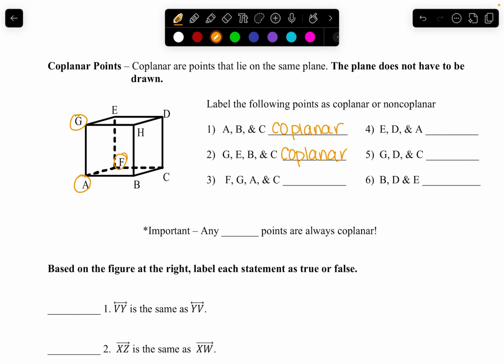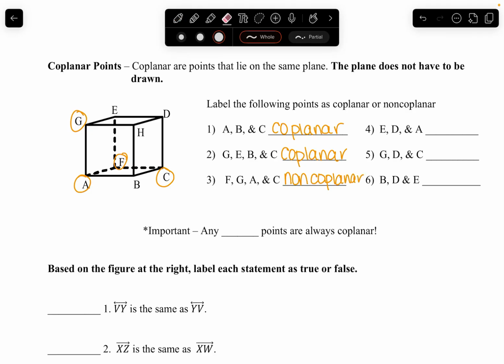But when I include C, I'm trying to figure out how I would be able to create a plane between those 4 points, and I don't think I can. If I get rid of G, then those 3 points down there would represent this plane. So as of right now, I'm not really seeing how I could draw a plane between those 4 points. So this would be non-coplanar. That word is long, I don't have enough space.